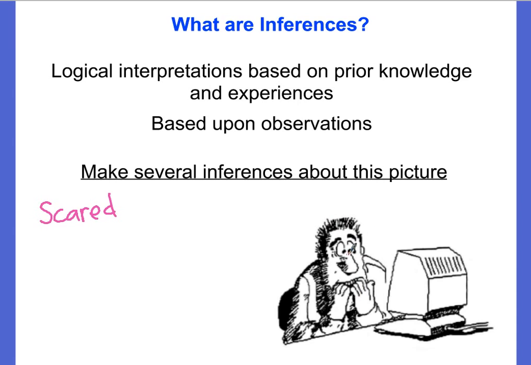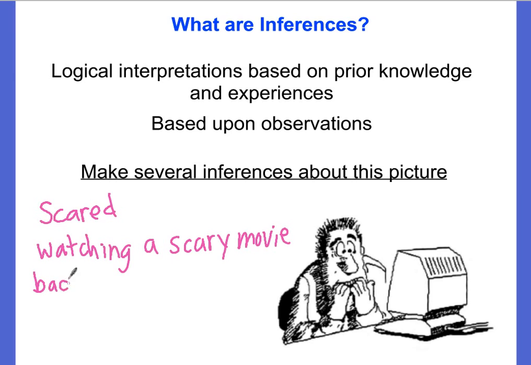His eyes are really big and kind of looking at something. Maybe he's watching a scary movie on Netflix, right? Maybe he just got a really bad email and it made him nervous. Okay, those are inferences. It's what we could maybe logically come up with based on the observations we made.